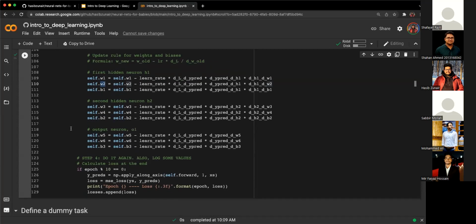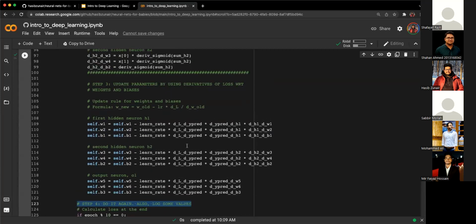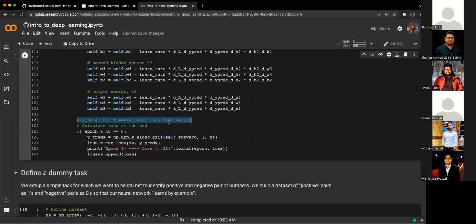Once you do this, step 4, you just simply do it again. You repeat this step a number of times until your loss is at a minimum, or until you reach a certain number of iterations. Over here, I added an extra log just to visualize how it's working and to see how the loss is when we're done training the model, or when the neural network has learned the desired task.